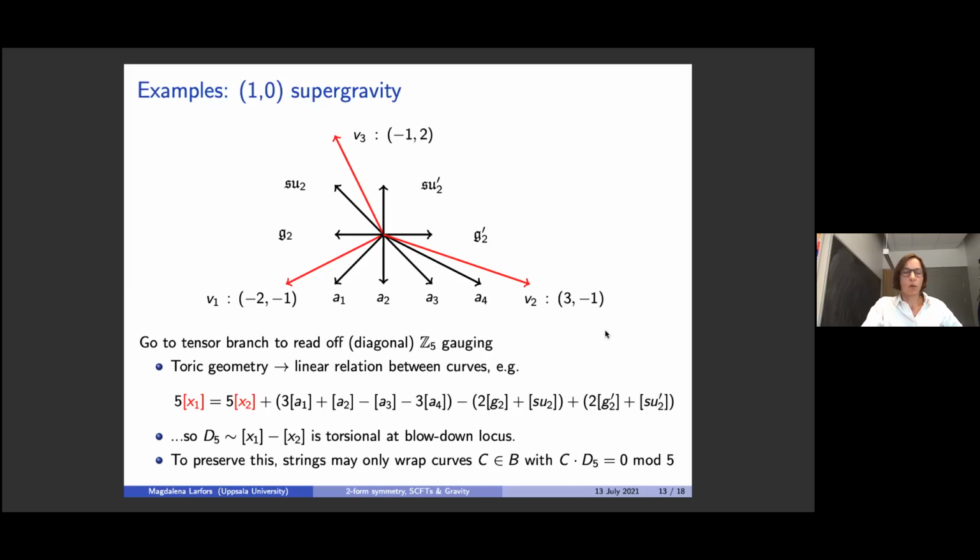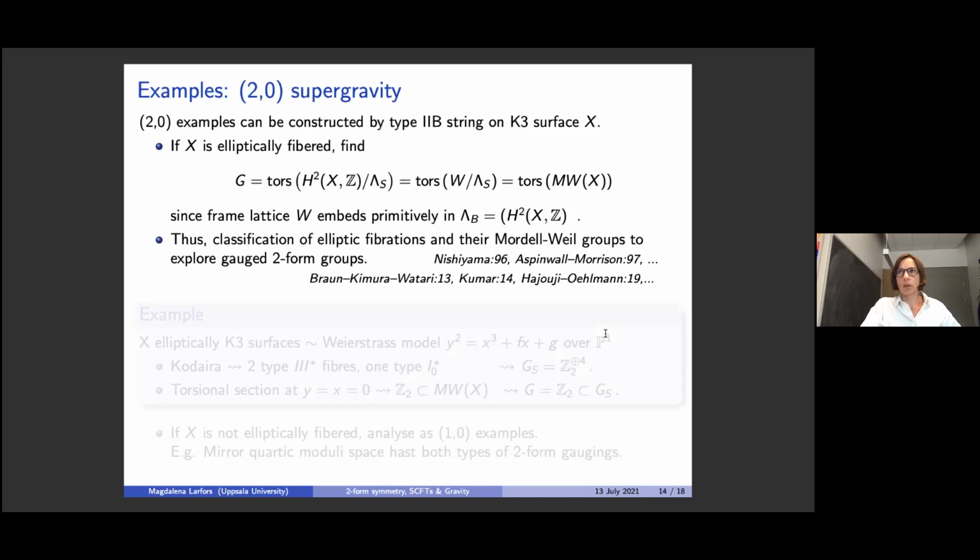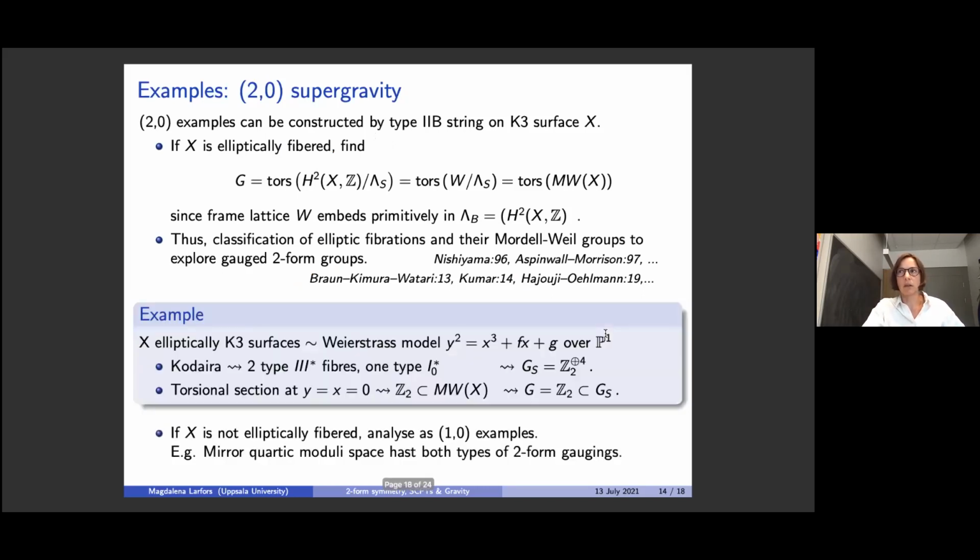So that was a 1,0 example, and one can do a similar analysis in 2,0 supergravity. Here there is more supersymmetry, and there's a very nice connection to Mordell-Weil groups and the torsion of Mordell-Weil groups.